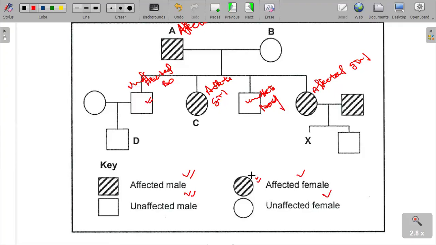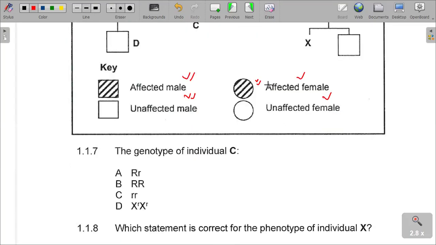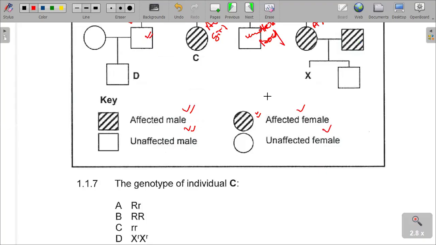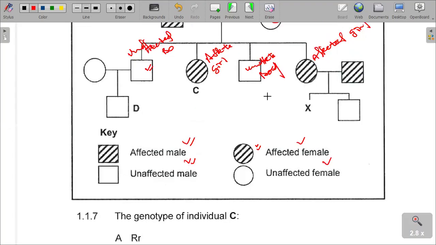So in this case, this mother must be a carrier. She's a carrier mother who is having these children. So these calculations can be worked out there. Which statement is correct for the phenotype of individual X? Let's just try to work it out quickly. We can work it out very fast.